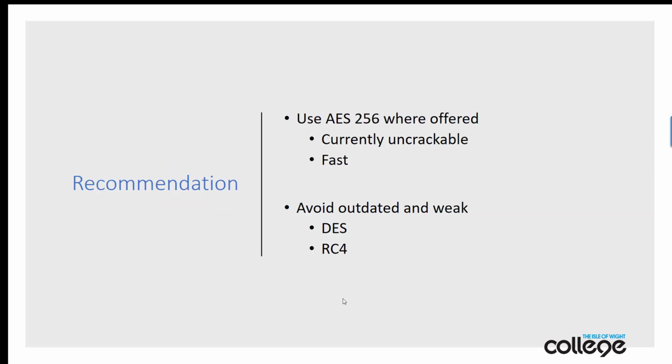So, recommendations. Where it's offered, use AES 256 because currently it's uncrackable and it's very fast. You should avoid outdated and weak systems such as DES and RC4. That's a roundup of the first part, covering what encryption is and some common symmetric encryption standards that we might use.